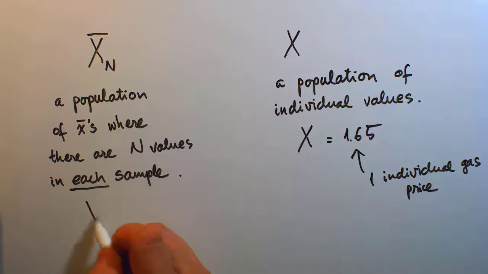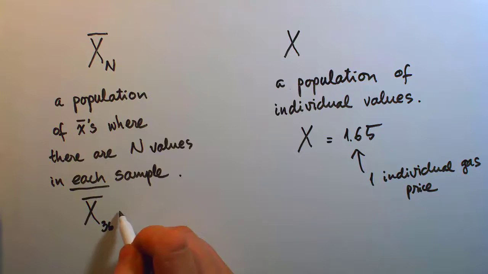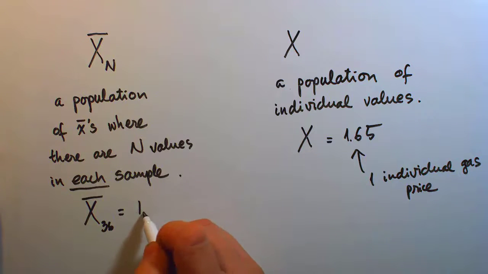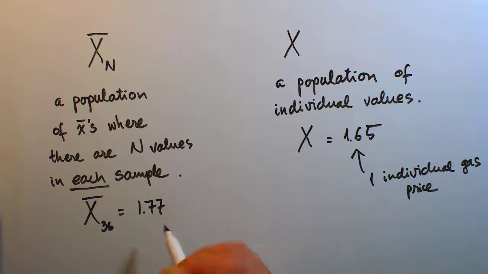Whereas something like capital X bar with a subscript 36, for example, equal to 1.77, is a sample mean automatically.